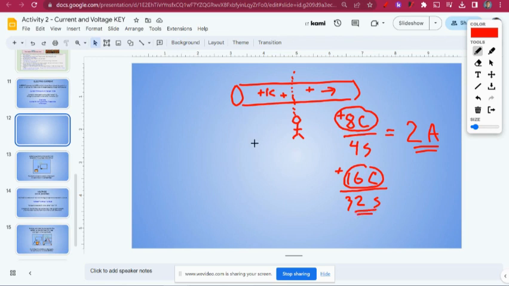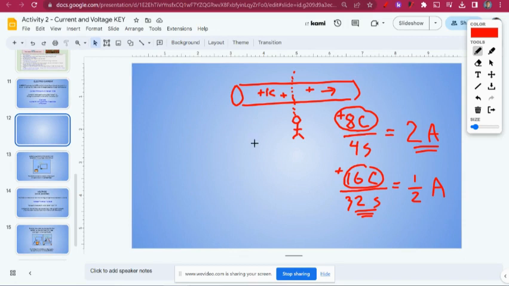However, it takes a lot more seconds for that to happen. So this is going to be a low current. Okay, this should be slower. So 16 divided by 32, that's 1/2. So the currents are quite different. Even though the charges increase, the current actually goes down because it takes more time. Okay, so just be able to do that.